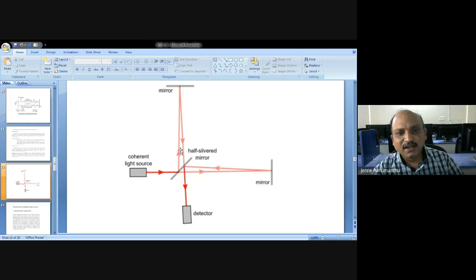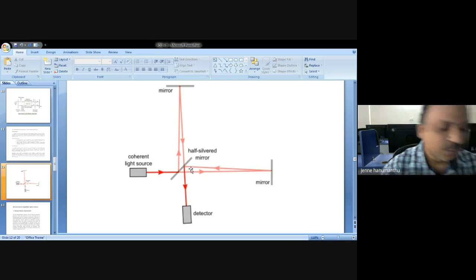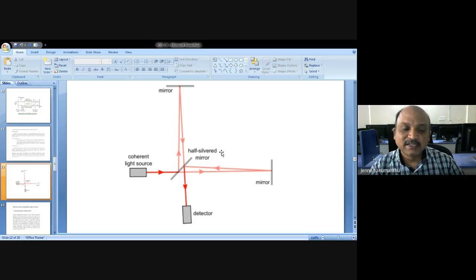If the path difference of the two rays is an even multiple, that is 2n into lambda by 2, you may get maximum brightness. You can get fringes of maximum brightness.